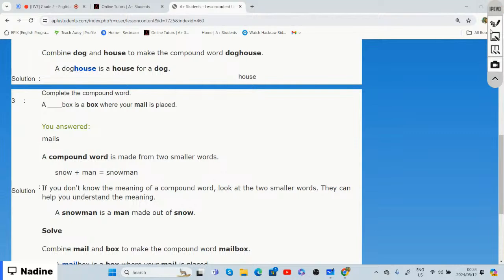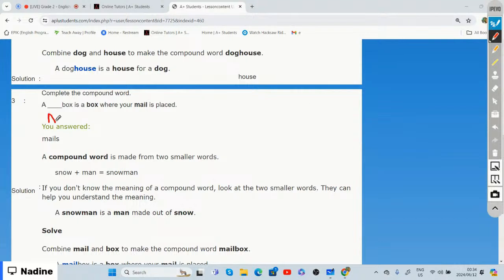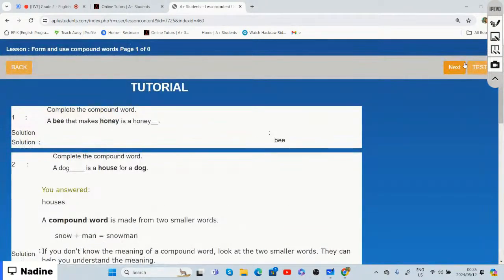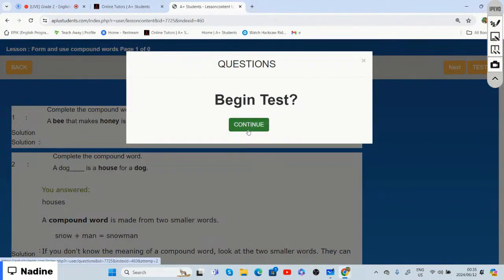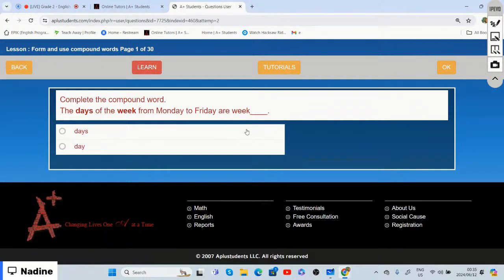All right, and if we were to choose the correct one, then yes, we will say a mailbox is a box where we place our mail. So well done. All right, now we're going on to our test, where we're going to form and use compound words.